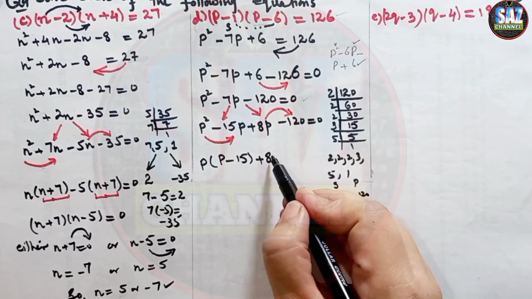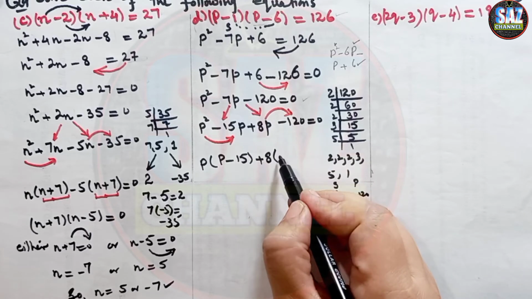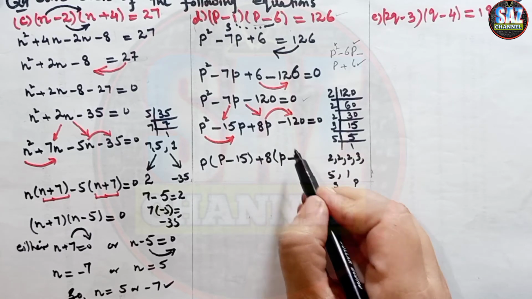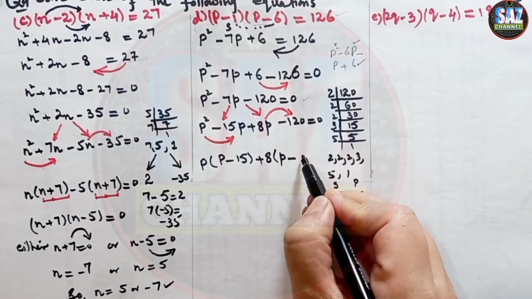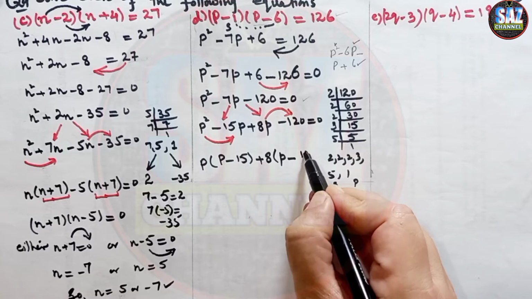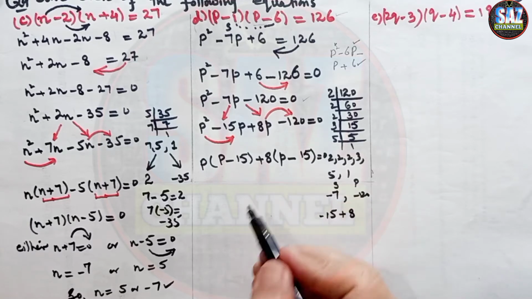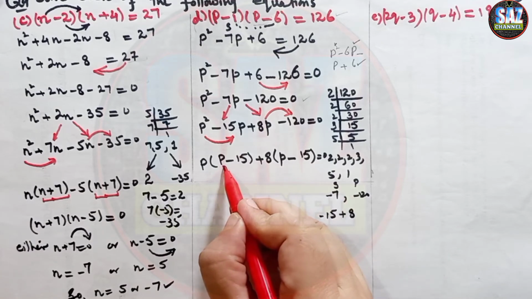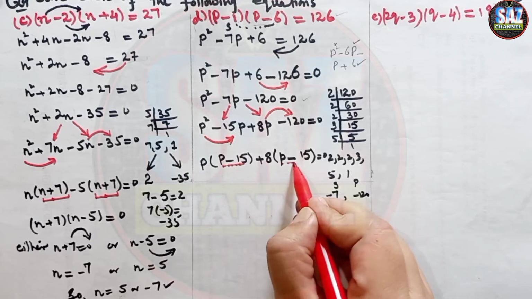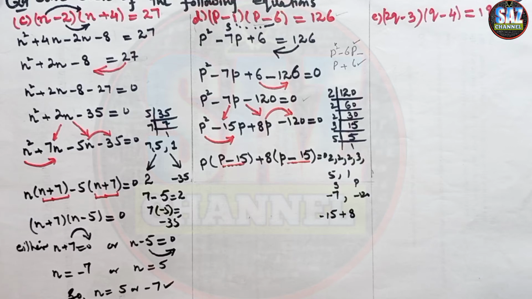I'm pulling out 8. Okay, and then from 8p I will be left with p, and minus sign will be coming as it is. 8 how many times will be 120? That is 15 equals to 0. And now we can see that p minus 15 is the common group. Extract it out, pull it out.